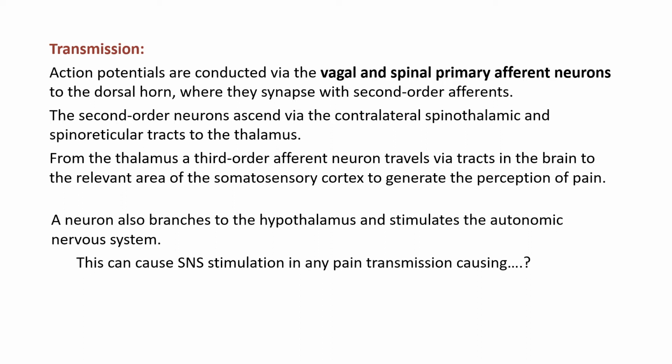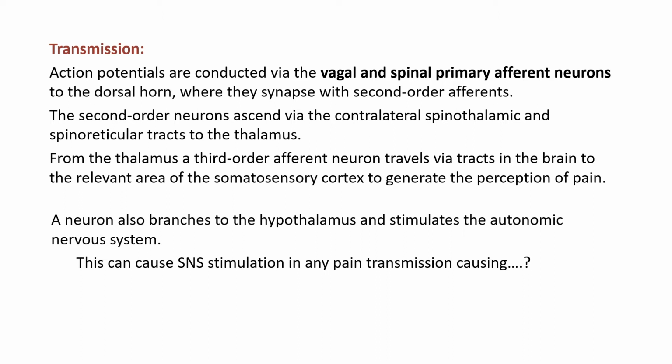We also have branches going off to the hypothalamus and the limbic system. The one to the hypothalamus stimulates the autonomic nervous system. So we end up getting a sympathetic reaction. This sympathetic reaction in any pain of sufficient severity is going to do various systemic things.